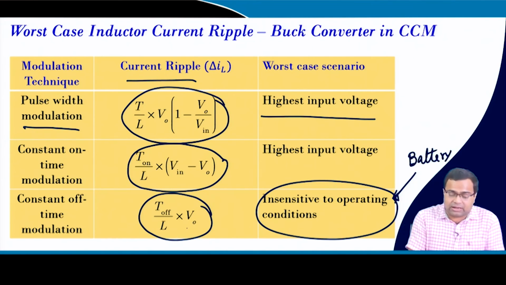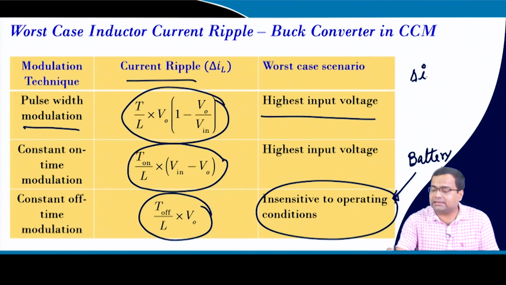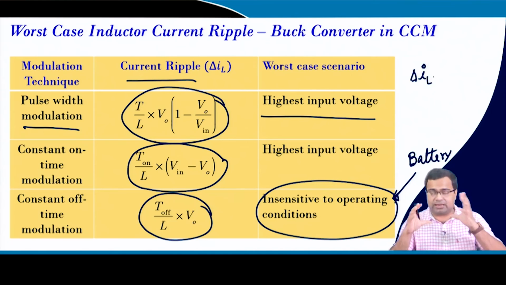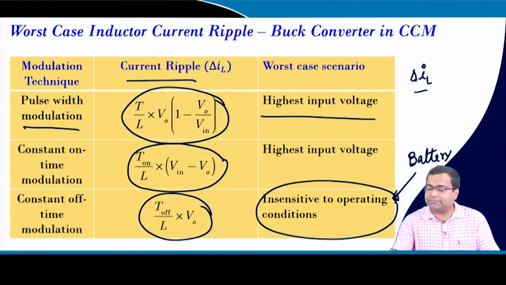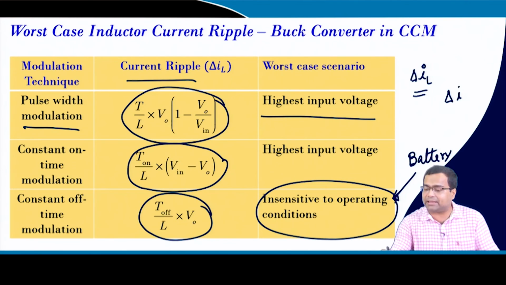That is why constant off time control is used even for LED driving, or sometimes battery charging, because if you fix more or less the output voltage, then your ripple current delta IL is independent of input voltage. So, if there is input voltage variation, and the output voltage is more or less fixed, suppose you are driving an LED, then if you know this value, you can create a band.